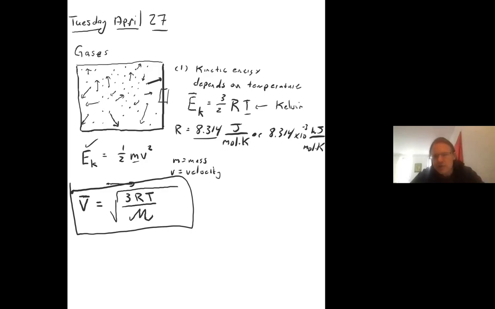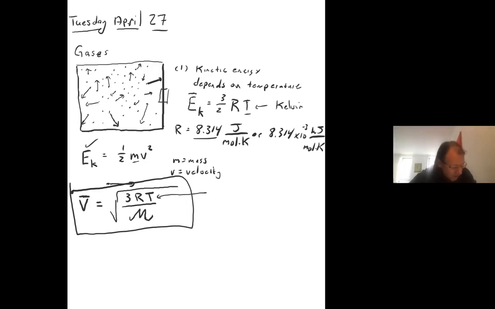So again, the point is that the hotter a gas is, the faster they move. They just start moving faster and faster and faster the hotter they get. But there's also this issue of how fast they're moving. How fast do they move? Well, the speed depends on two things. It depends on the temperature.